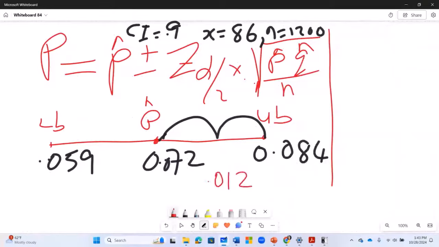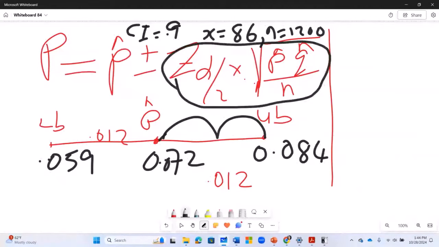If I find the margin of error here, I have 0.012 also. And by the way, what is this margin of error? The margin of error is this quantity, and that margin of error is 0.012.